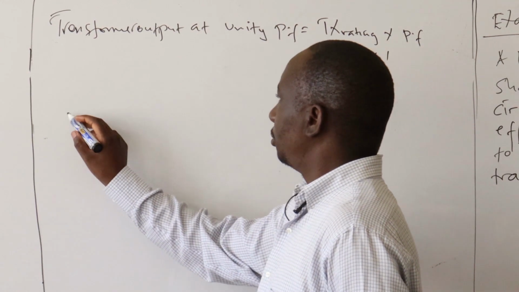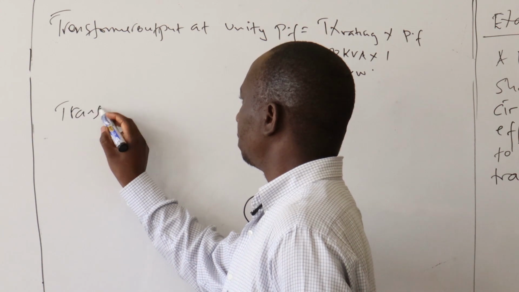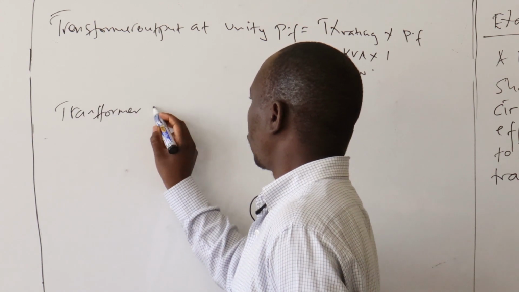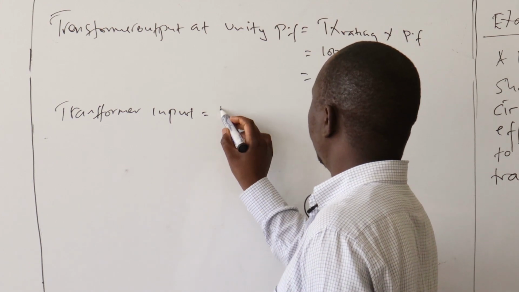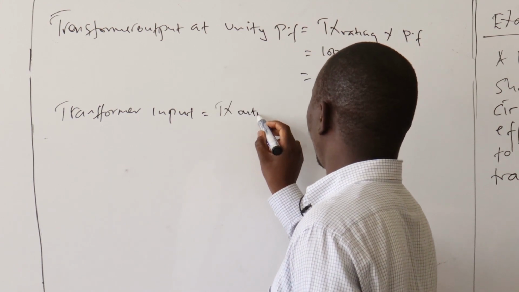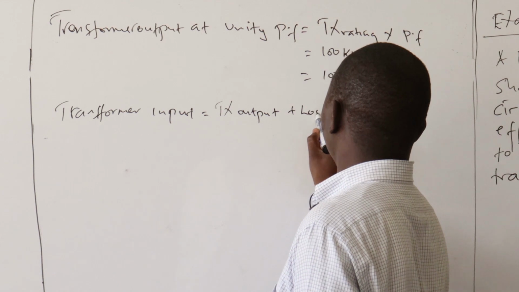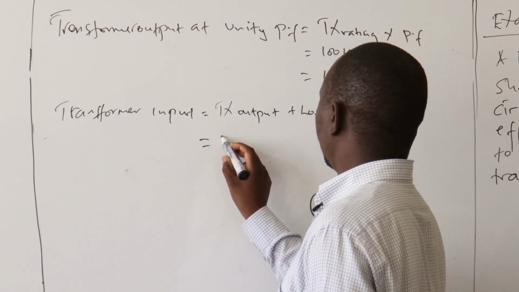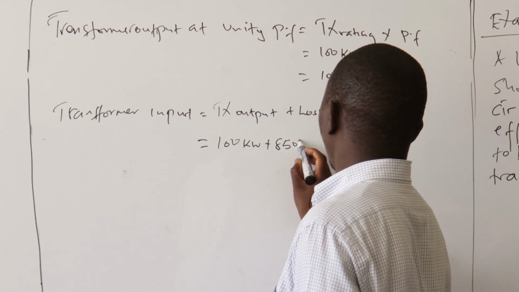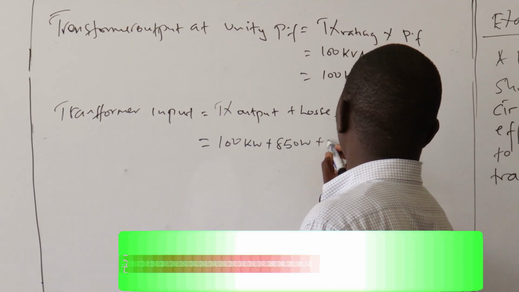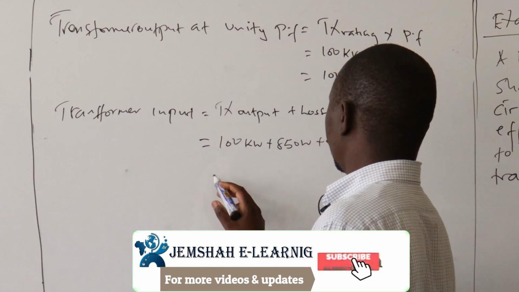The transformer input is given by the transformer output plus losses, which is 100 kilowatts plus 850 watts plus 900 watts.